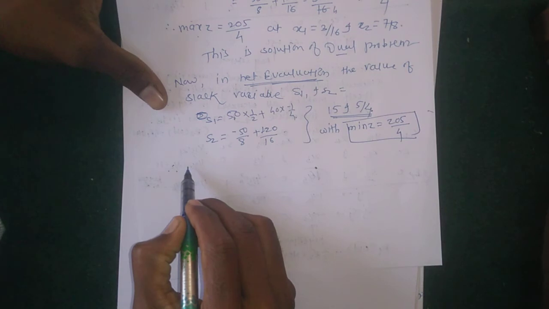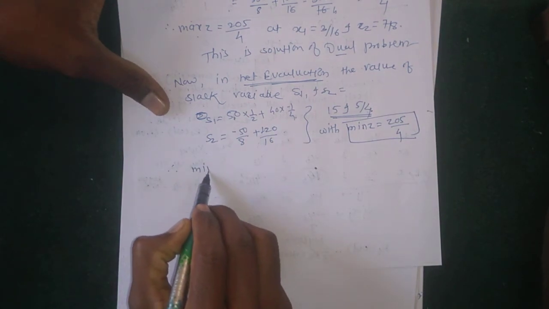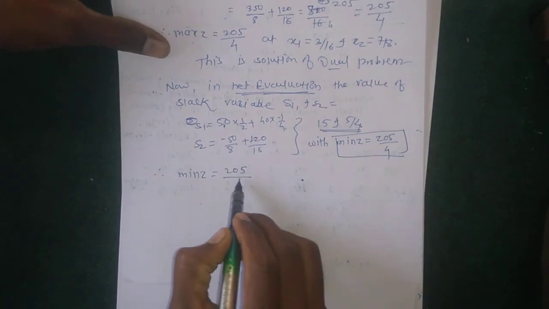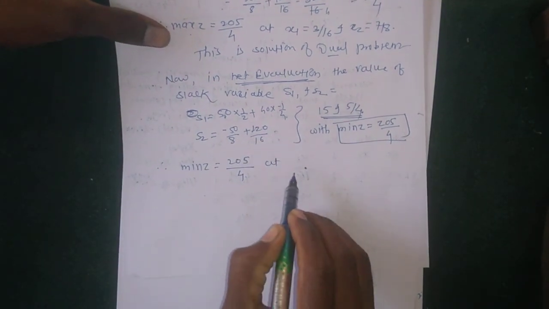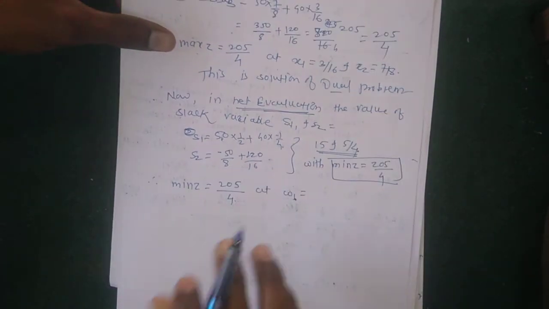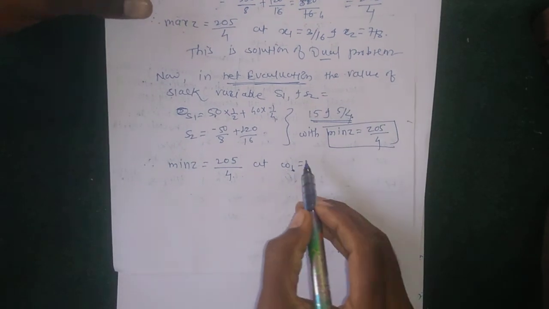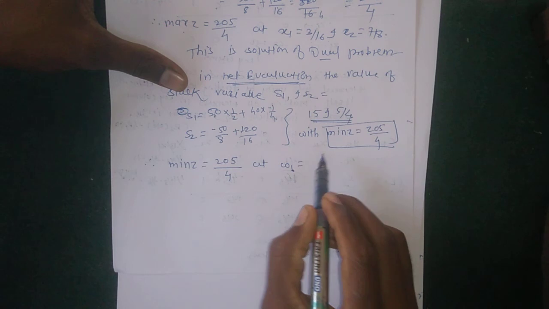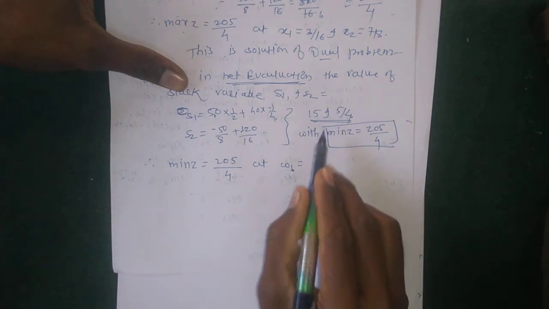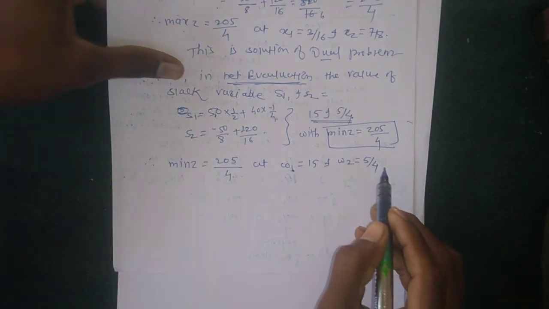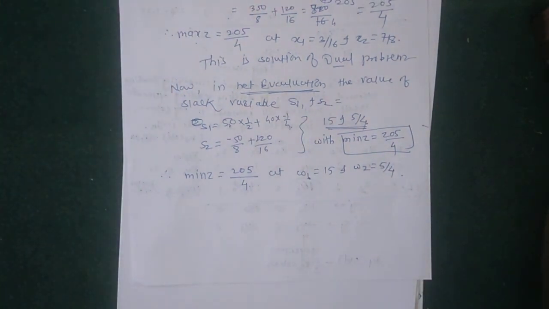Therefore minimum Z is equal to 205 divided by 4 at W1, because in the given example the variables are W1 and W2. W1 is equal to 15 and W2 is equal to 5 by 4. Okay, so 5 by 4.